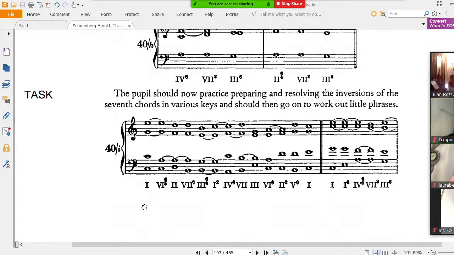While we are at it, we can use the cadential 6/4, because we're using seventh chords or these inversions. So I 6/4 cadential, dominant seventh in root position, and then tonic in root position. And in the middle, whatever you want.